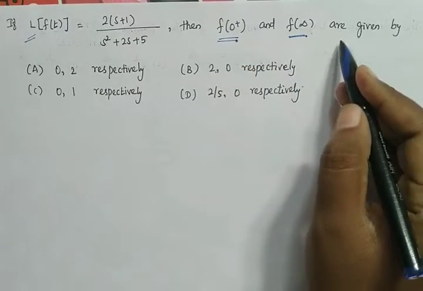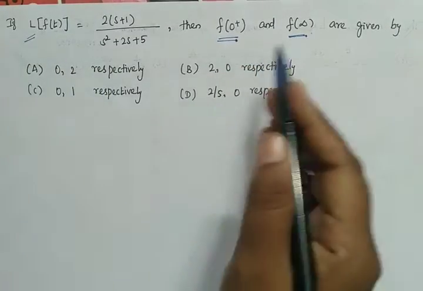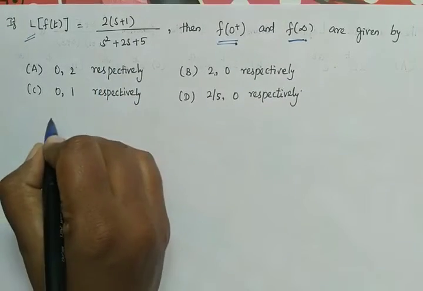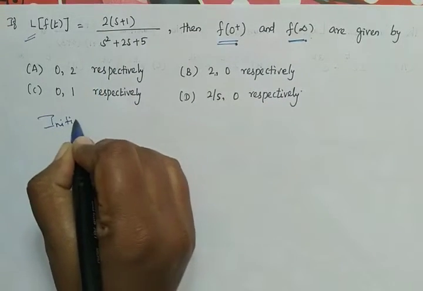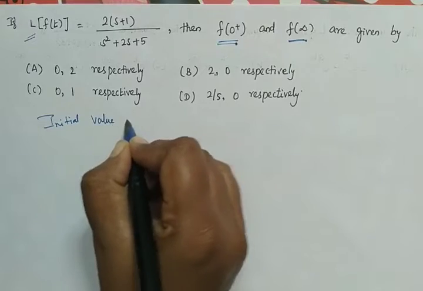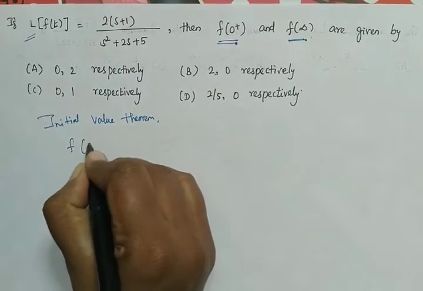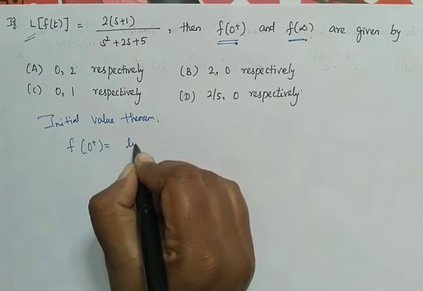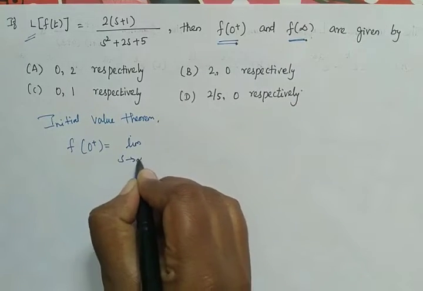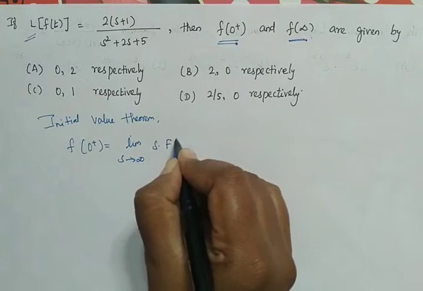This you know very well. Now we have to find the answer. What is the initial value theorem? The initial value f of 0 plus is given by limit s tends to infinity of s into F of s.